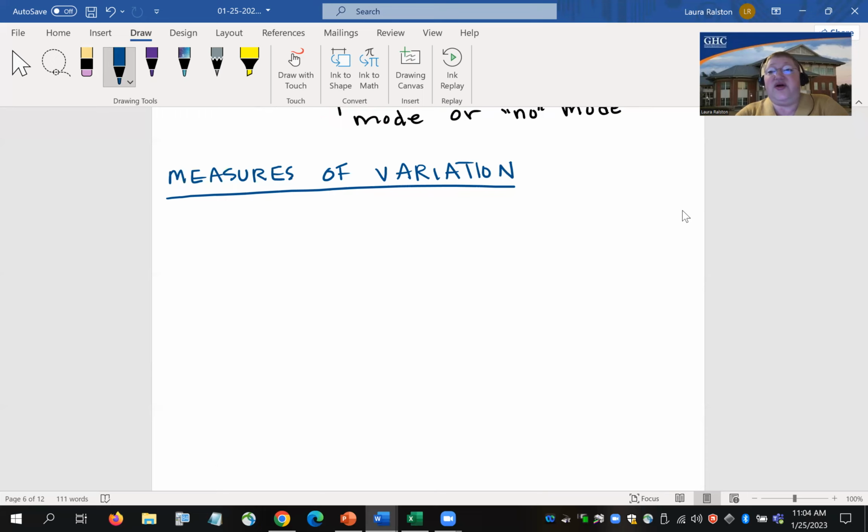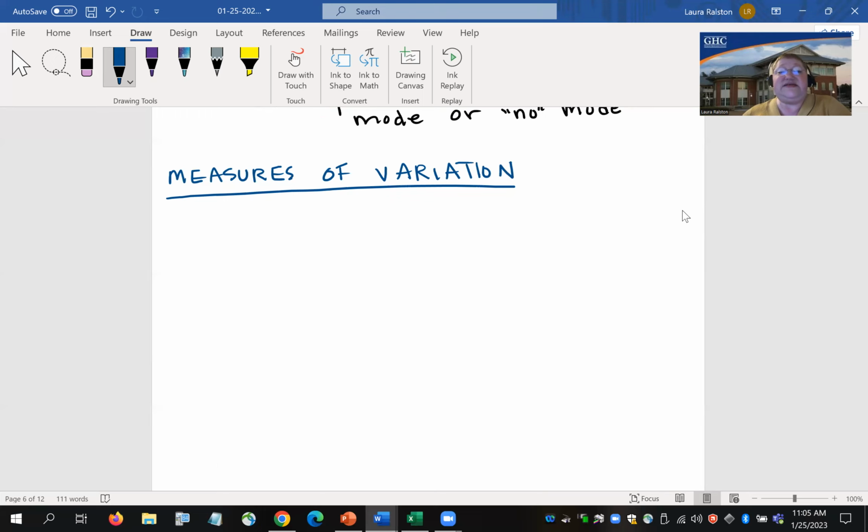Does one sample have less variation than another, or more variation than another? So variation has to do with how much the data values differ within or between data sets.